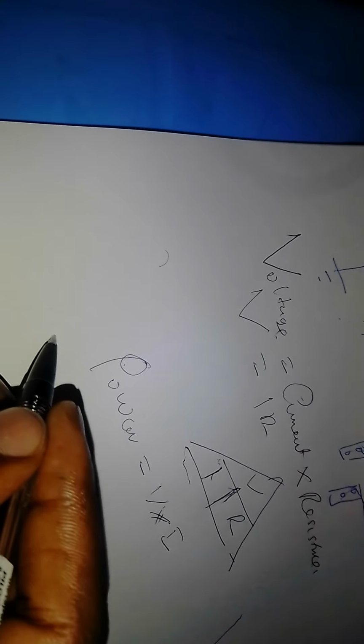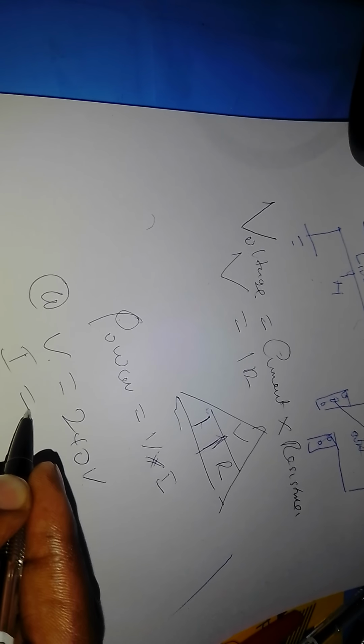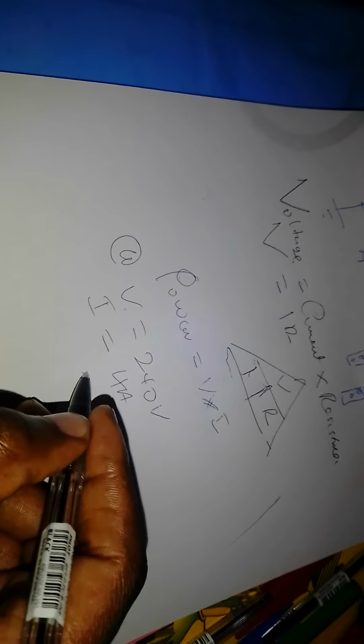So in that question, V is equal to 240 and I is equal to 4, and therefore power equals VI, which is 240 times 4.